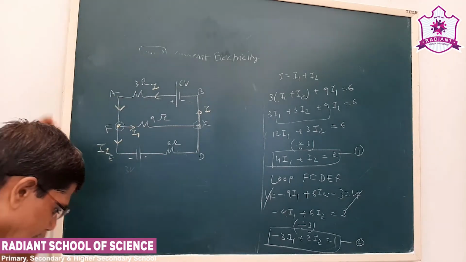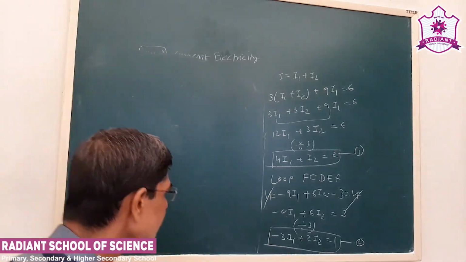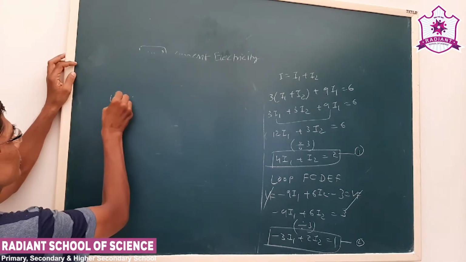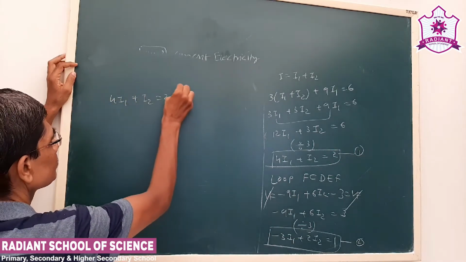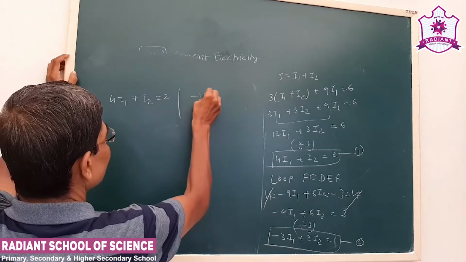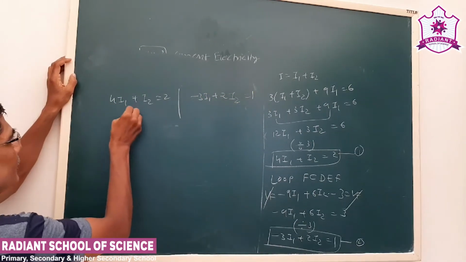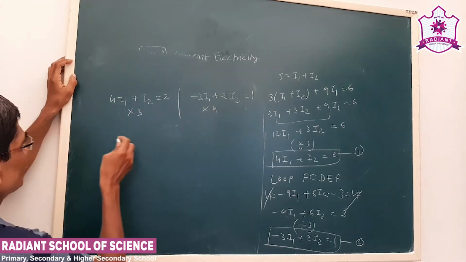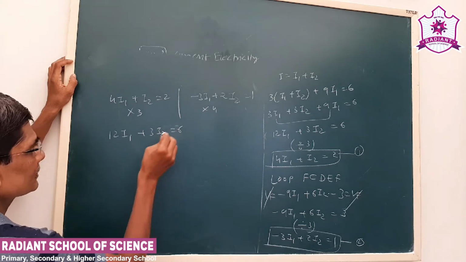Okay, 4I1 minus 3I1. Now multiply by 3 and by 4. 12I1 plus 3I2 is 6.